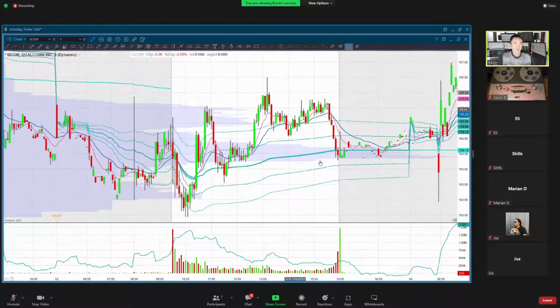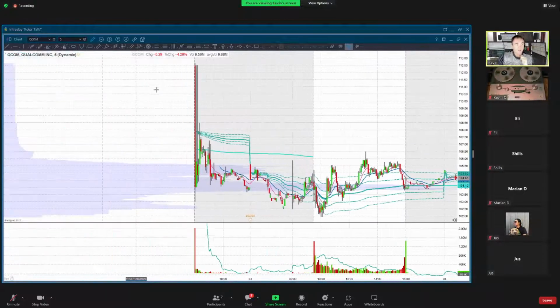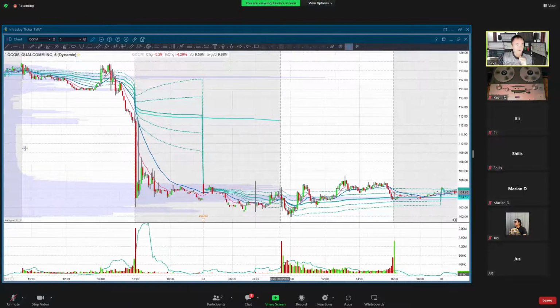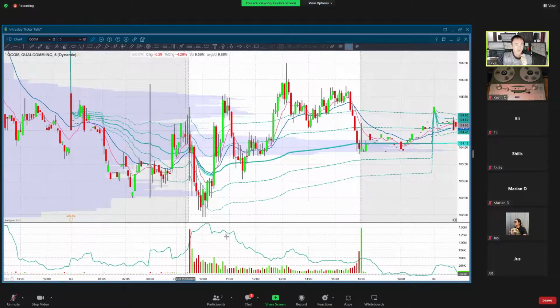Okay, so this is a little bit messy here. Yeah, entries on this one are tough. Again, you had that giant gap down. Must have been earnings or something. Anyway, you had that giant gap down. But then the price action got pretty choppy after that.